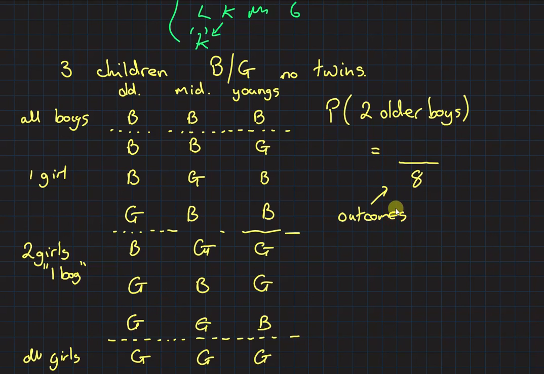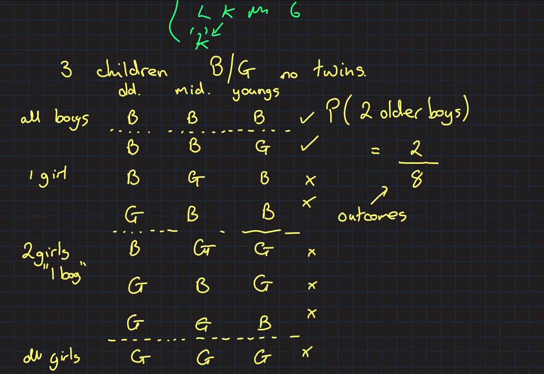How many of them have 2 older boys? Yes for the top line, yes for the second line, no for the third, no for the fourth, and then no for any of the others, because these have now got 2 girls. So we have 2 out of 8, or a quarter of the occurrences.